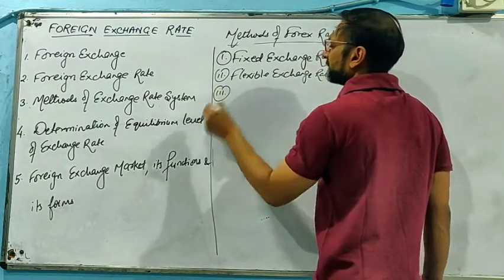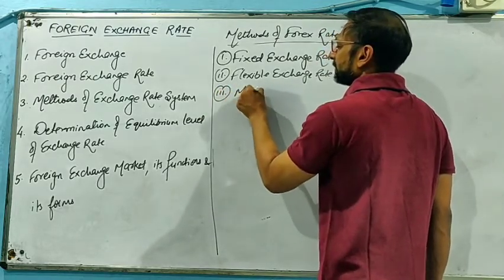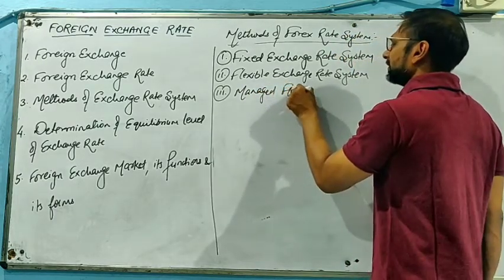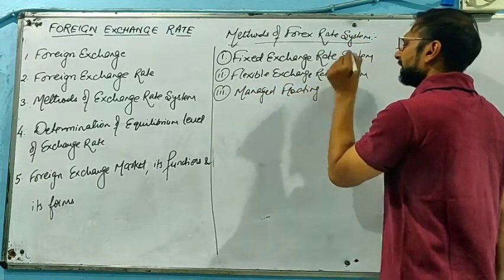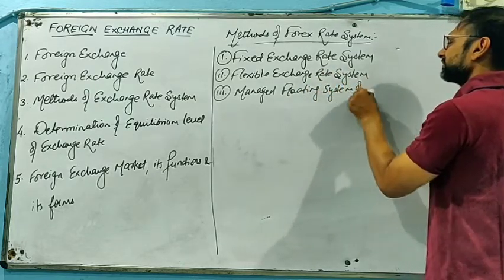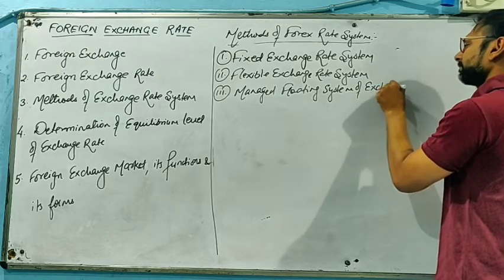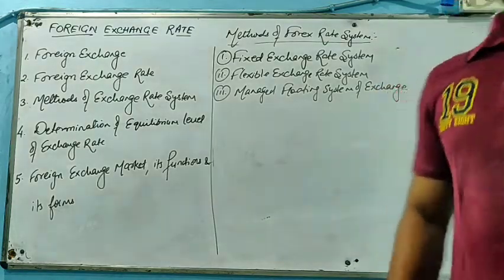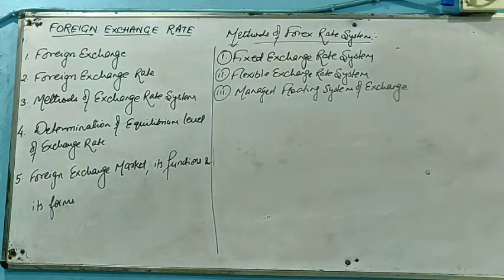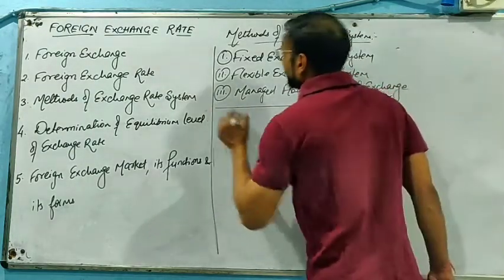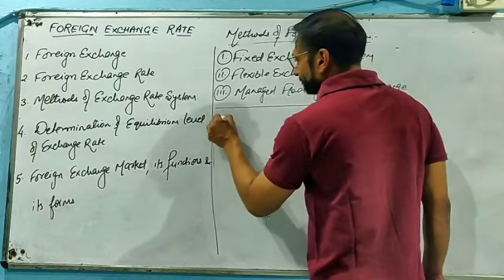And the third one is a combination, a hybrid of both, that is managed floating system of exchange. Now, first of all we are going to see what you mean by fixed exchange rate system.